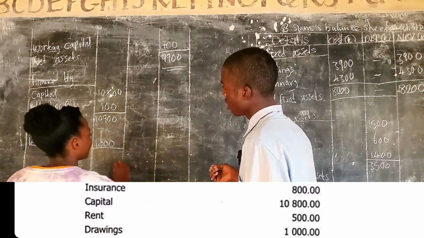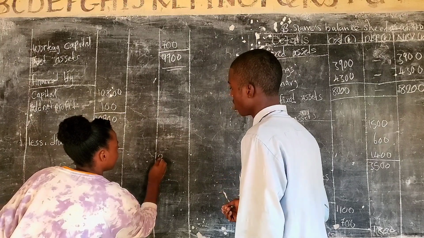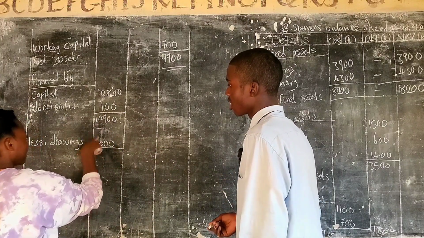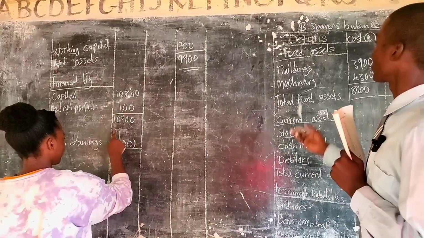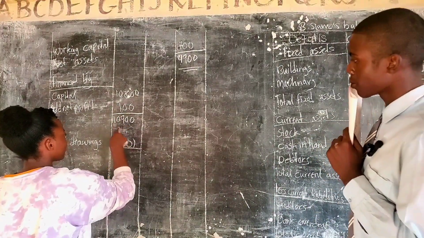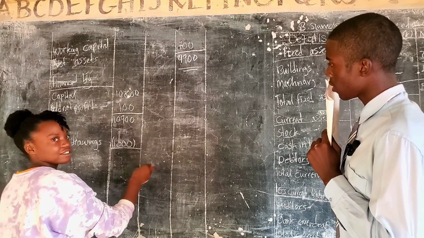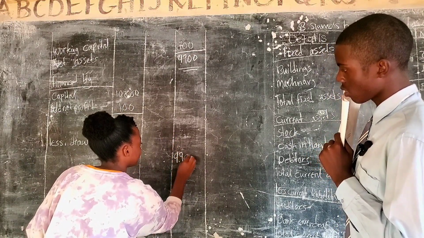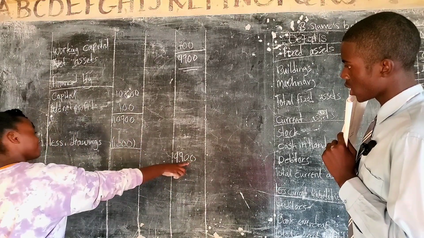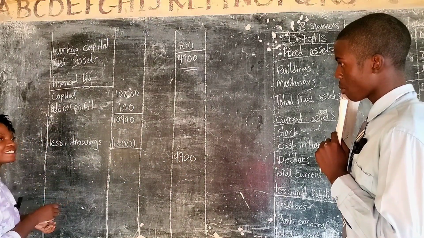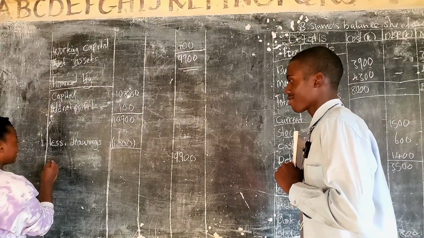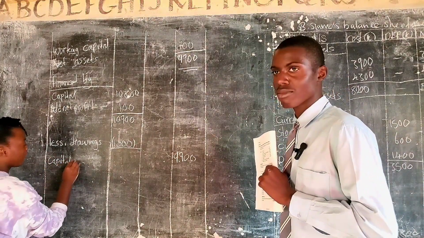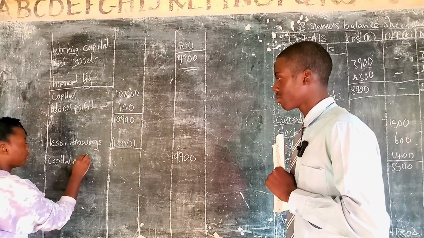9,900. So the amount comes here. We subtract the 1,000 from the 10,900, which is 9,900. And Moses, what do we call this amount? It's the capital employed.